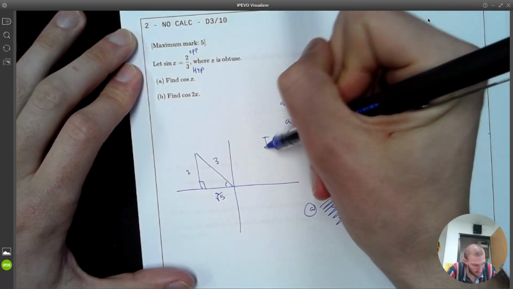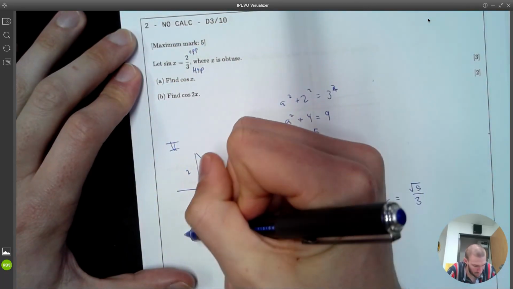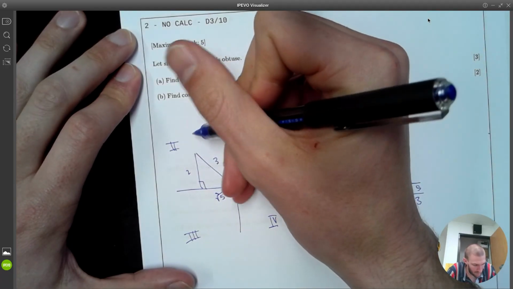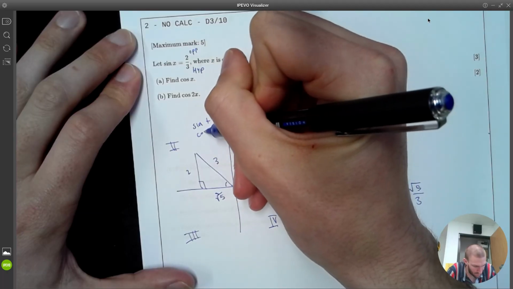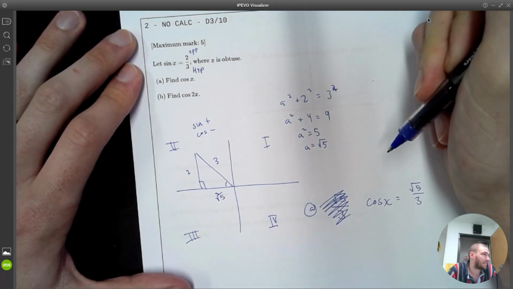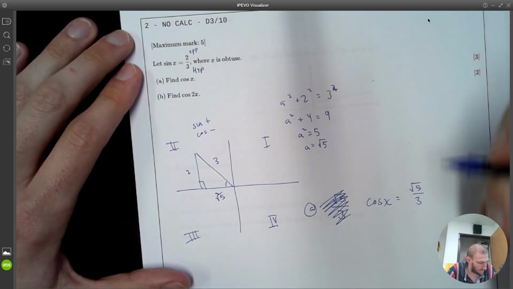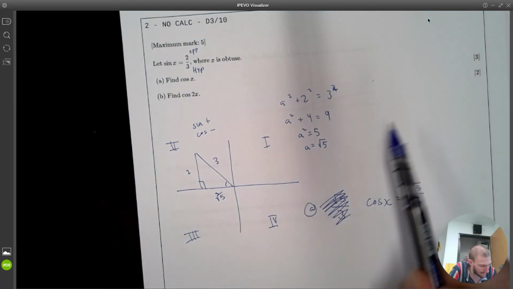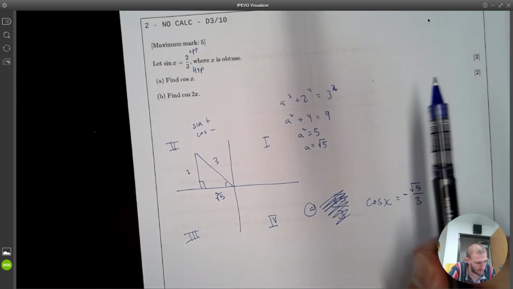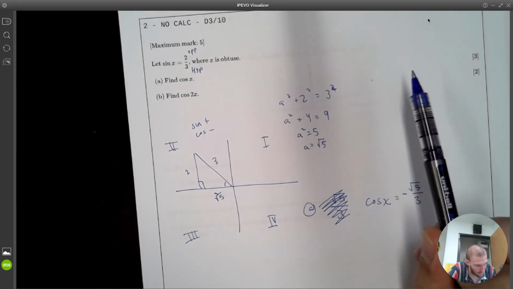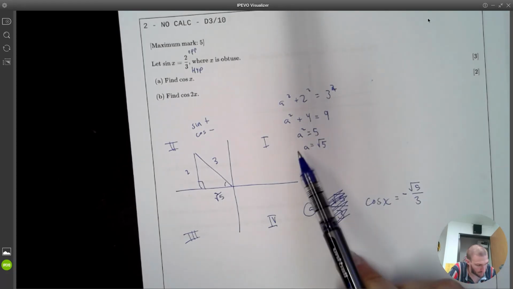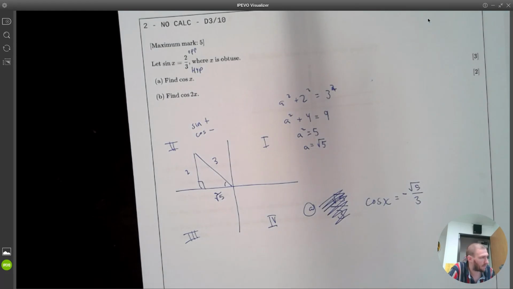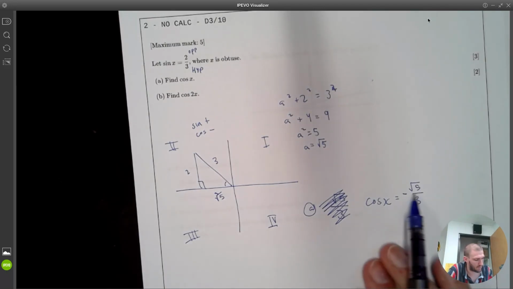This is in quadrant 2, and that would be sine positive, cosine negative. So for this question, cosine is negative. If I had to guess, for my 3 marks, I'm probably getting 1 mark for doing the Pythagorean theorem, 1 mark for getting square root 5, and maybe 1 mark for the negative / putting it all together.